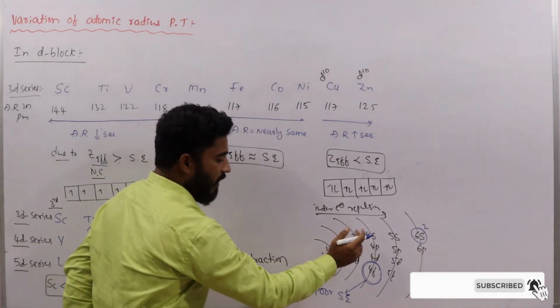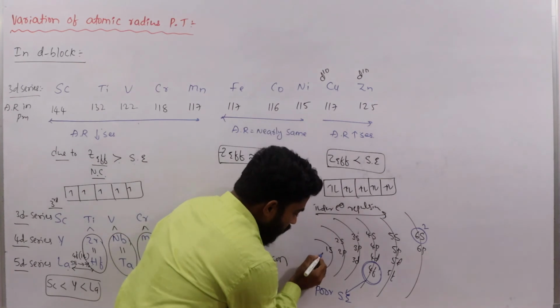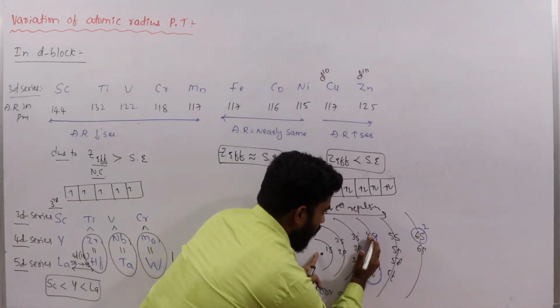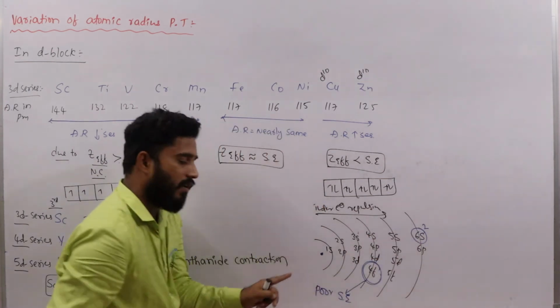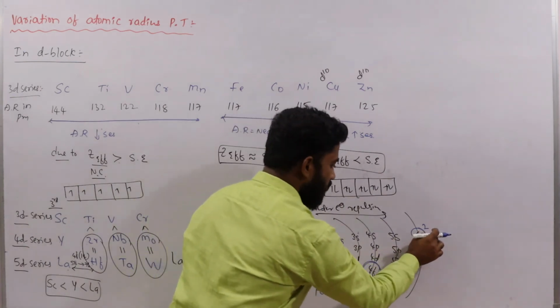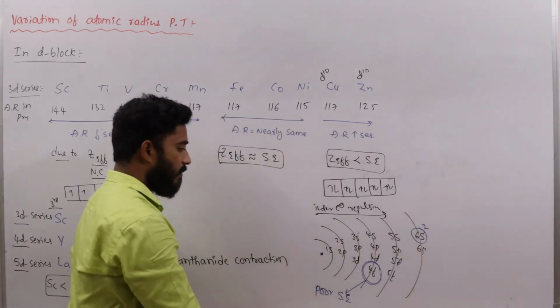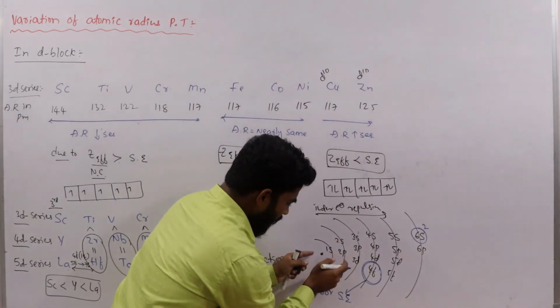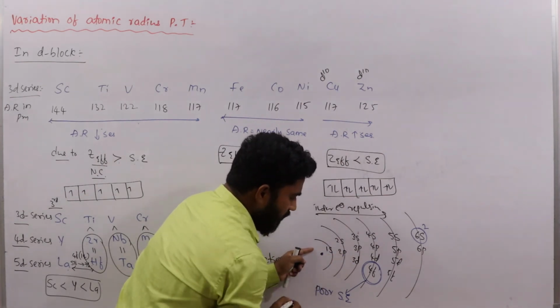So the f orbital does not stop the nuclear charge on the 6s electrons. The electrons in the 6s orbital are more affected by the nuclear charge.